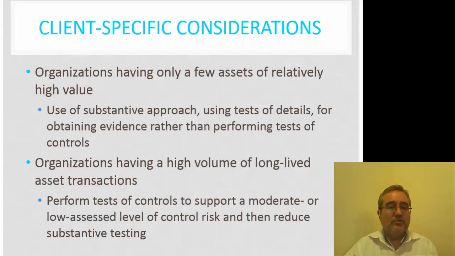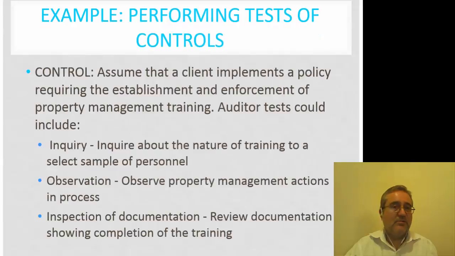So what we would be interested in is performing tests of controls to support a moderate or low assessment of the internal control risk, and then possibly reduce the amount of substantive testing. Again, you notice how the control risk and substantive testing sort of work together in terms of mediating controls as well as determining what we need to do to measure monetary misstatement.